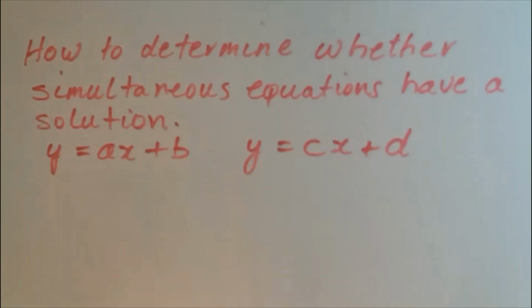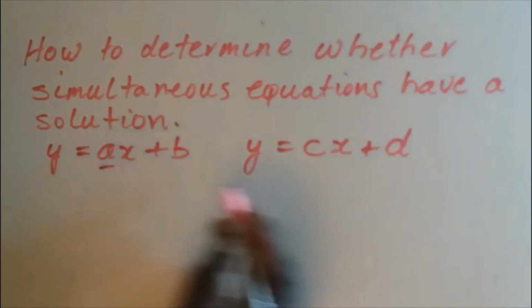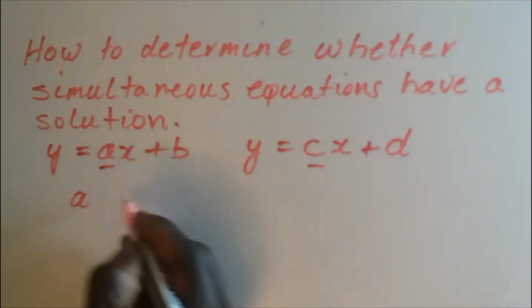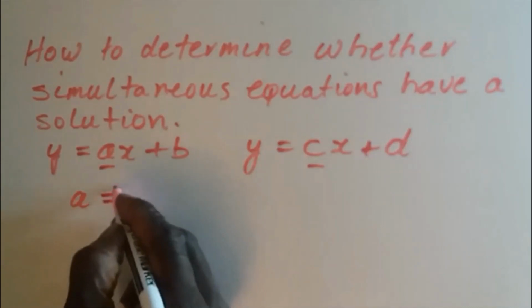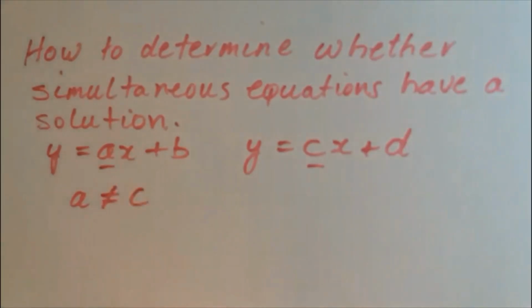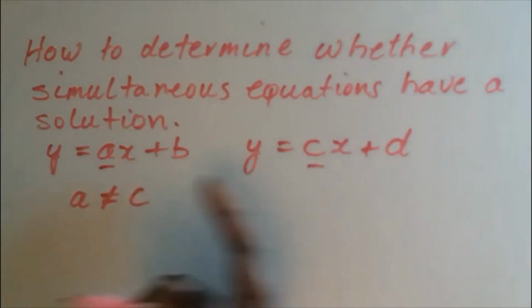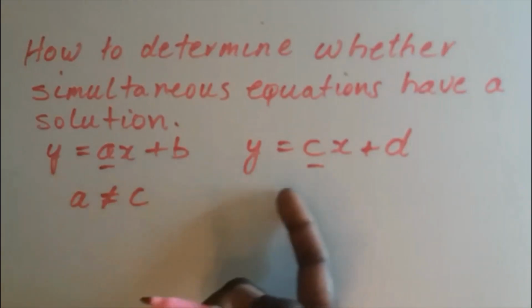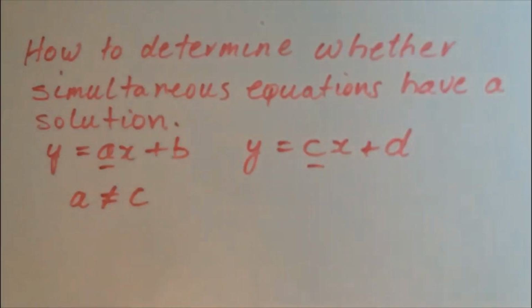Well, first we could look at the two constants a and c. If a is not equal to c, then the lines, bear in mind these are two straight lines, these represent the generalized straight lines, and if you plot them on a graph you'll have two straight lines, and those are the two lines I'm actually referring to.